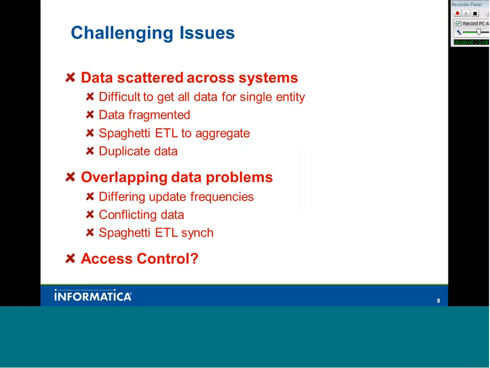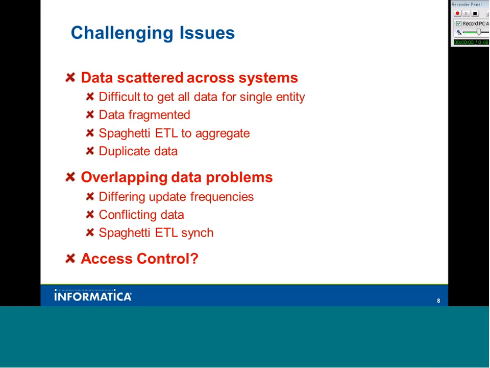So the challenging issues for MDM are data is all scattered, there are overlapping data problems, and then there's an access control issue. With scattered data, it's difficult to get all the data for a single entity. Data is fragmented. There's spaghetti ETL, duplication of data. Data is getting updated at different frequencies.